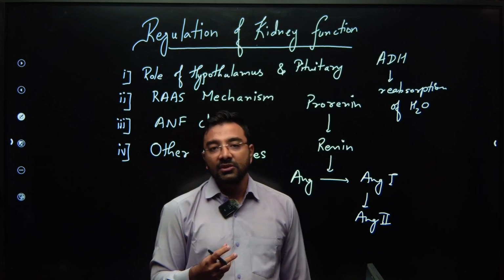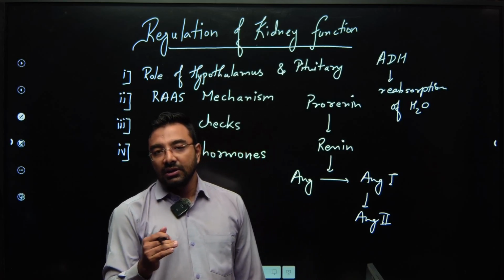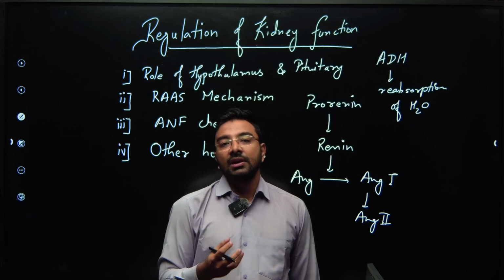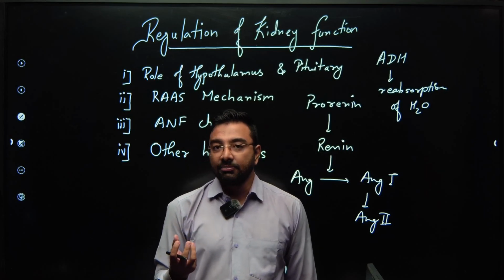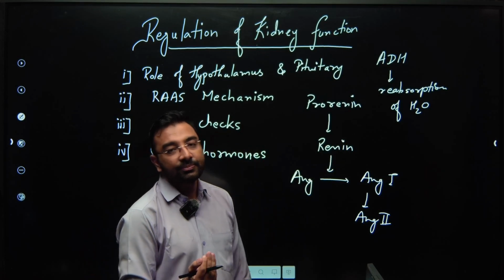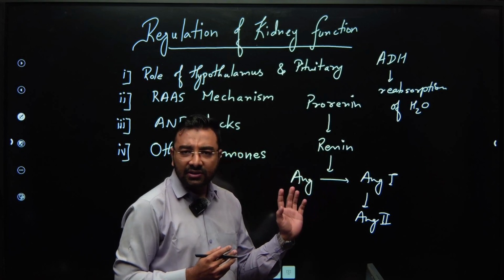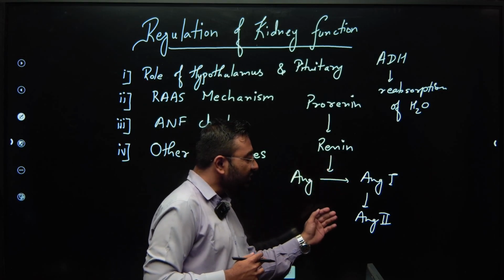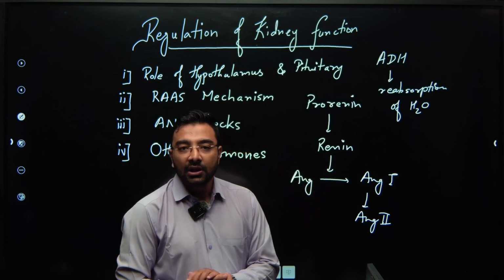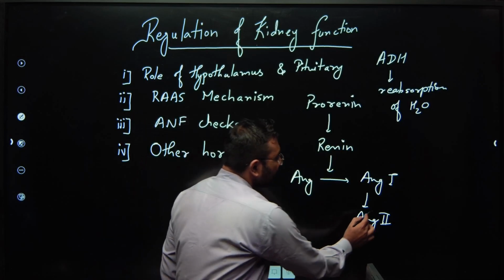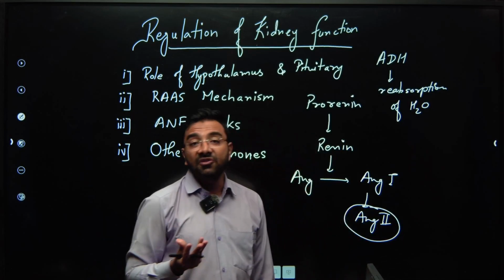This enzyme, ACE, is actually produced by the pulmonary endothelium, and it travels in the bloodstream and reaches the kidneys, where it converts angiotensin 1 to angiotensin 2. Now, angiotensin 2 has multiple functions.